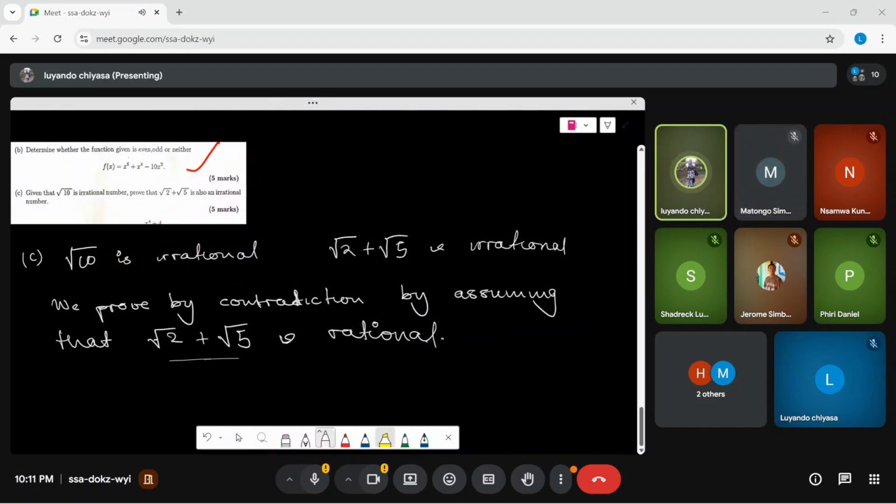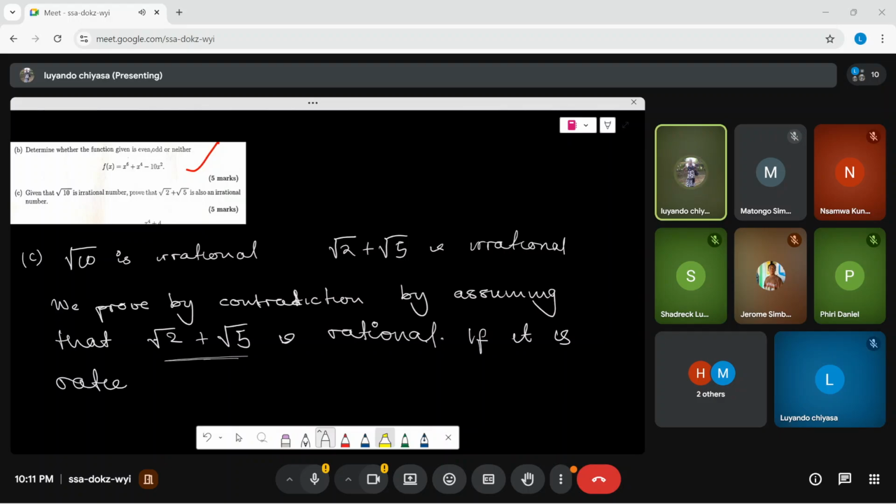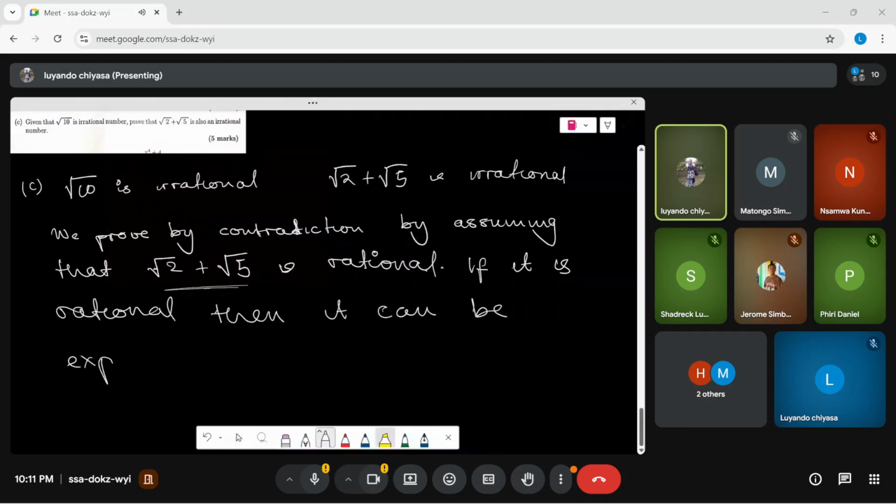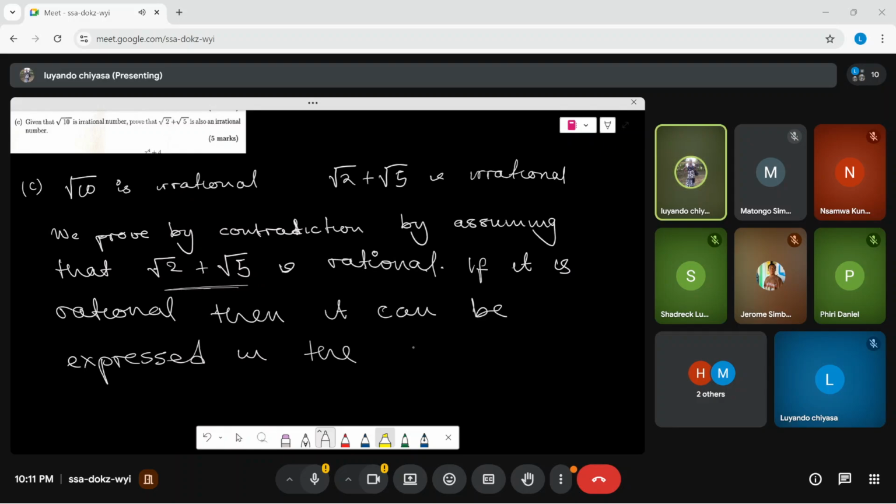We know that if we are assuming that this is rational, then it can be expressed in the form A over B. And I'm going to end here.